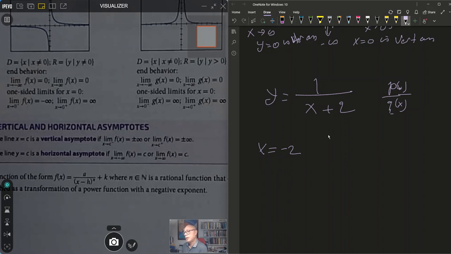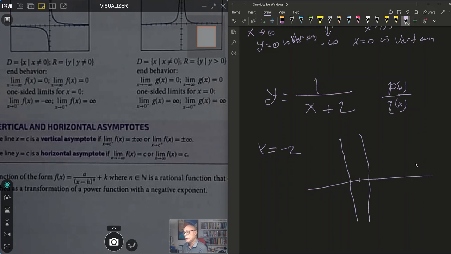But we know that when x is going to minus 2, y is going to infinite.